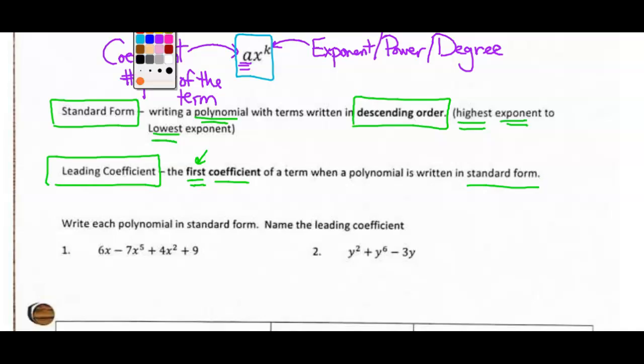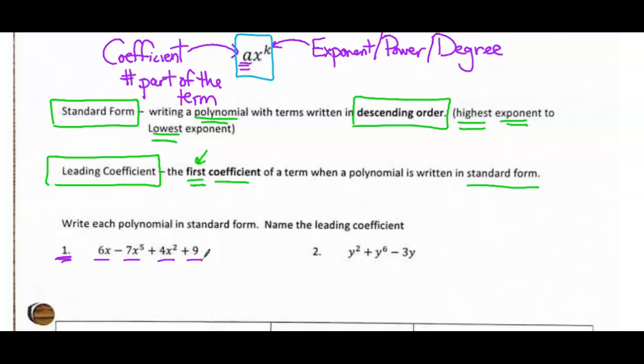The first thing I want you guys to look at is, ask yourself, how many terms do you see in number 1? I'll give you a second here to think how many terms. There are 4 terms in example 1: 6x, minus 7x to the 5th, 4x squared, and 9.